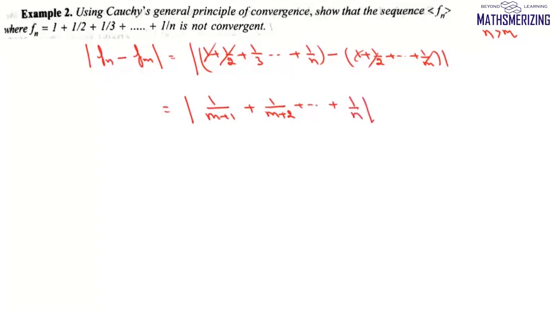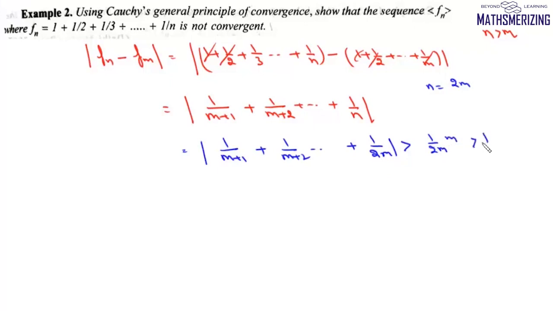Now if we choose this n as 2m, we can write this as 1 upon m plus 1, 1 upon m plus 2, up to 1 upon 2m, which will be greater than 1 upon 2m, 1 upon 2m, m times. So it will always be greater than 1 by 2.